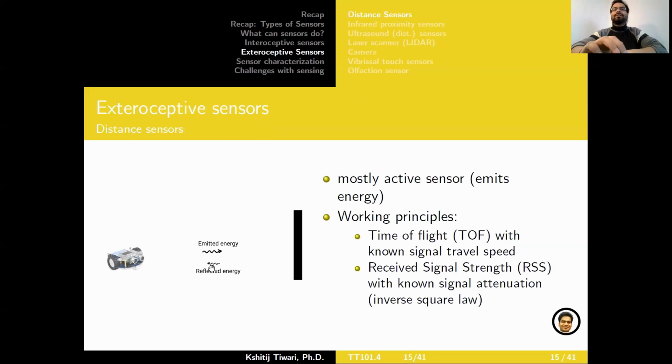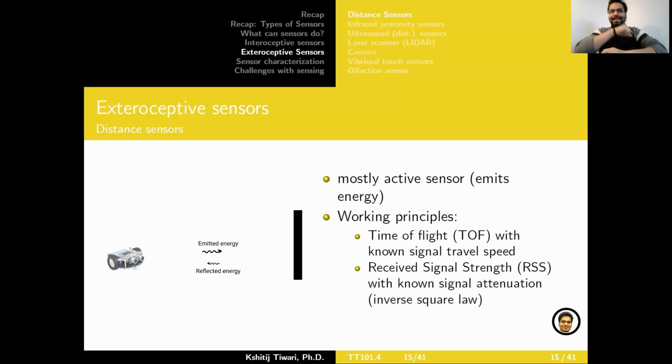So the amount of intensity that you get back is not going to be identical to the amount of energy you emitted. If you know this attenuation model, then you could use what is known as the inverse square law to understand the received signal strength from the signal source.